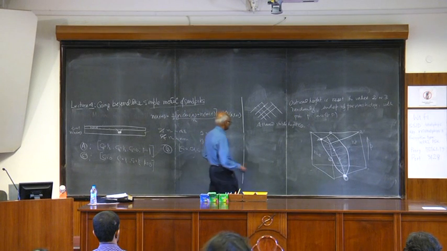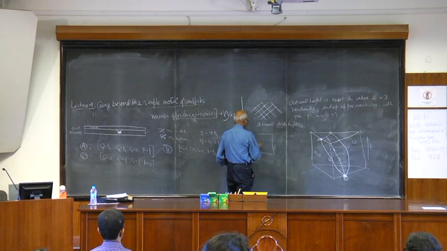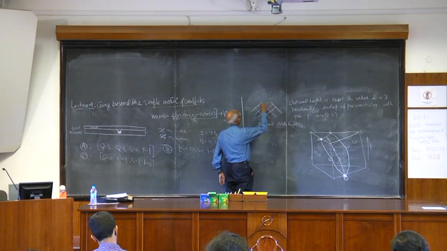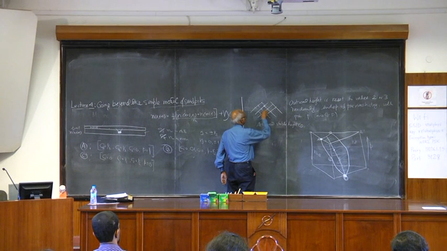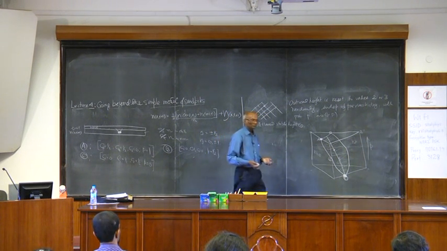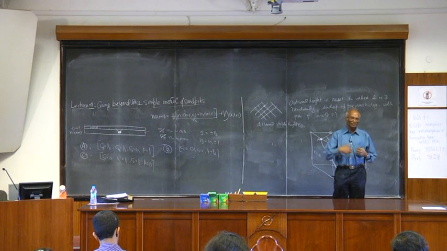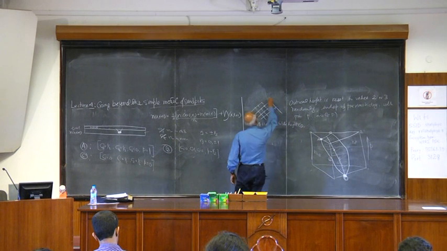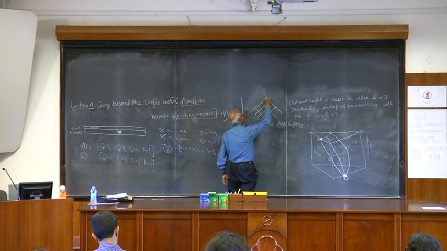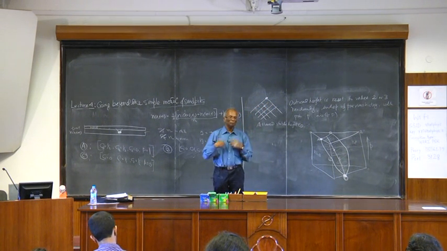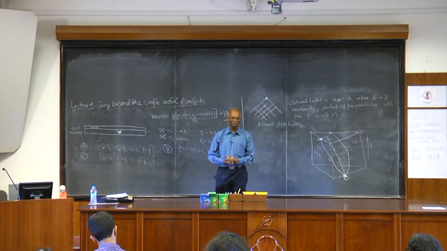So, what happens if all the sites have height 1? Let me continue this picture. So, all sites have height 1, right, but when I come to a site, I decide whether to topple or not depending on whether the critical height is 2 or 3 there. Okay. So, I start here, with some probability this site will topple, with some probability it will not topple, with probability half it will topple.